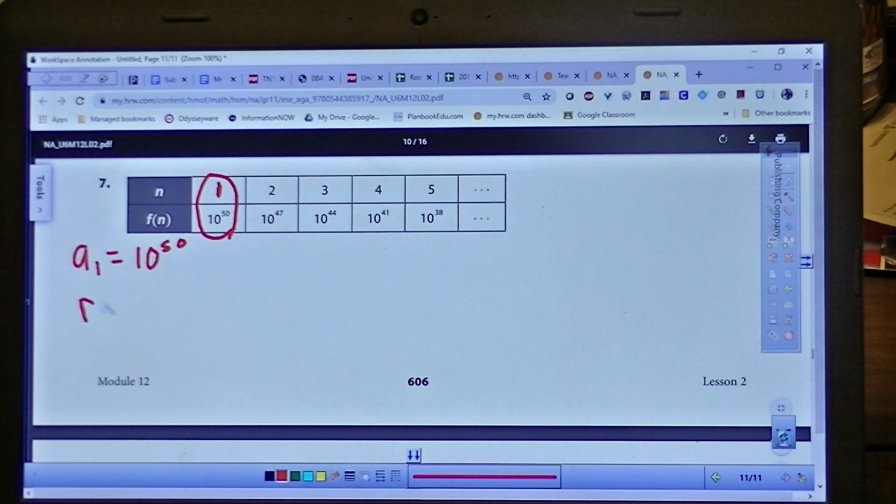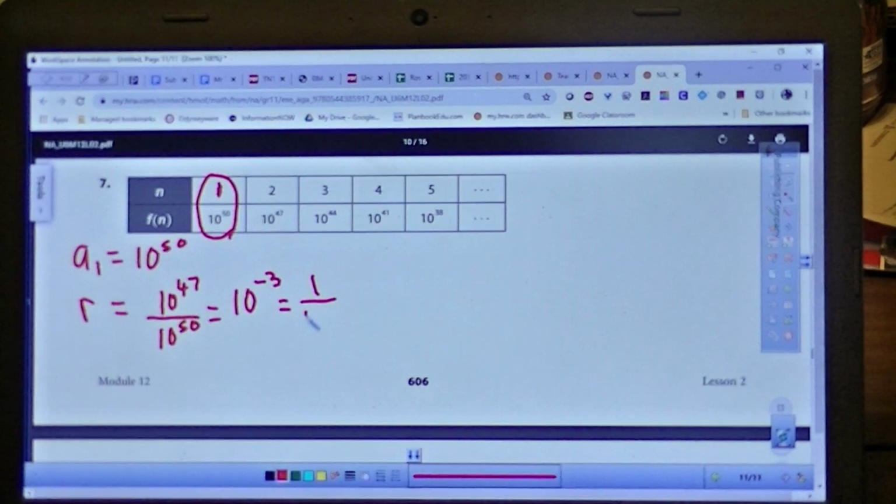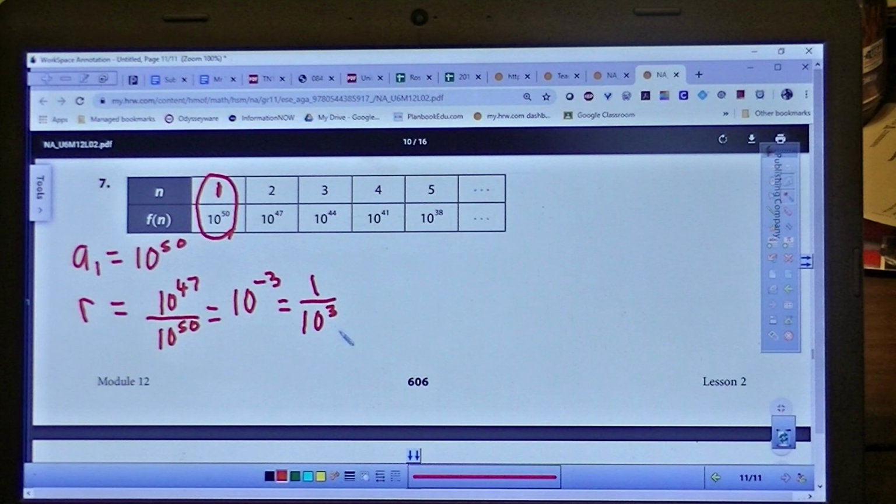R is going to be 10 to the 47th divided by 10 to the 50th. Oh goodness, what is that? 47 minus 50 would give me 10 to the negative 3. We don't leave it that way, do we? We have to change that over to 1 over 10 to the 3rd power.